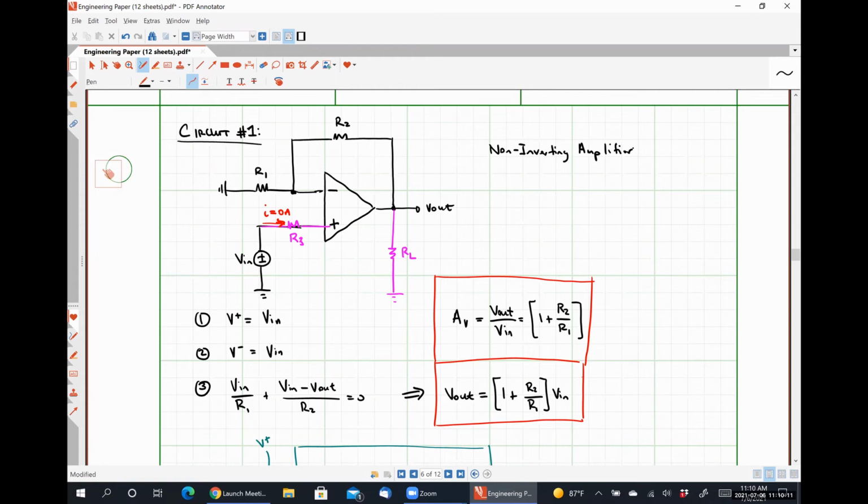All right. A question that I've asked on tests before is, how could I increase the voltage gain of a circuit like this? So let me ask you a couple of questions. Will increasing the value of R1 increase the voltage gain of the system?